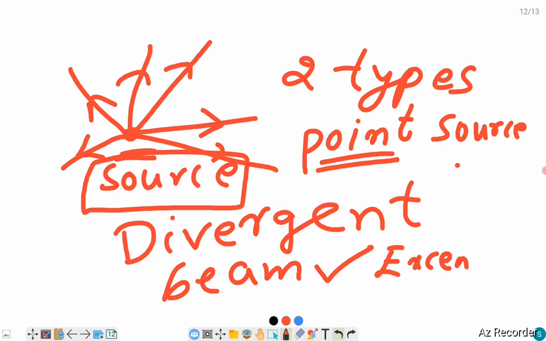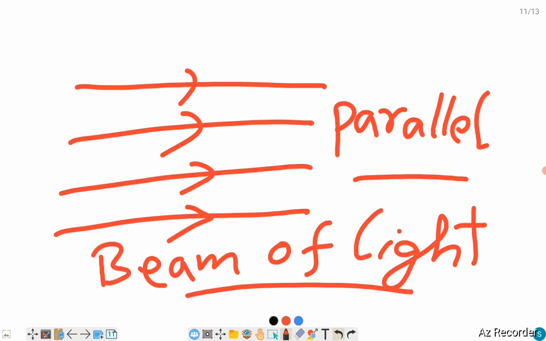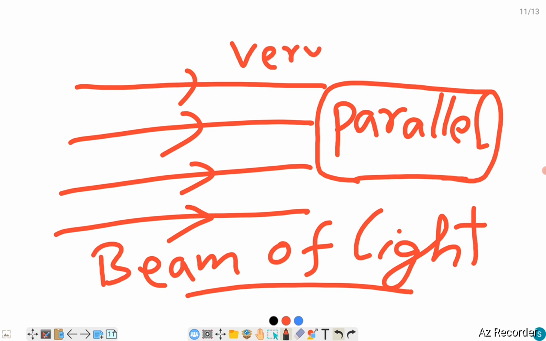When you take an extended source, it is larger than the point size. Understood? Now what source do we generally take? It is point source only. From point source we take divergent beam or parallel beam. Whenever we have to take a parallel beam, the light rays are coming from a source that is very far. Understood? The source is very far.